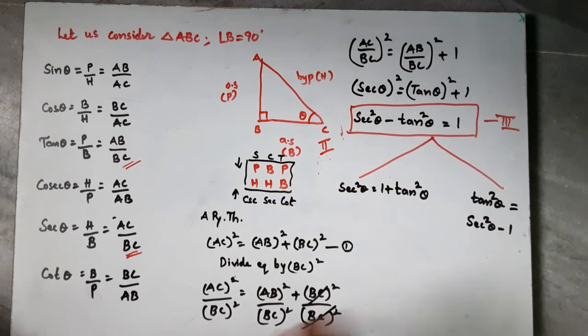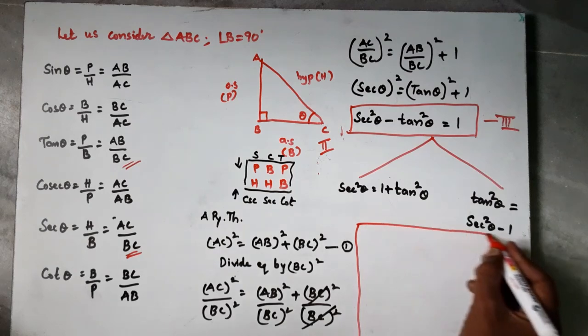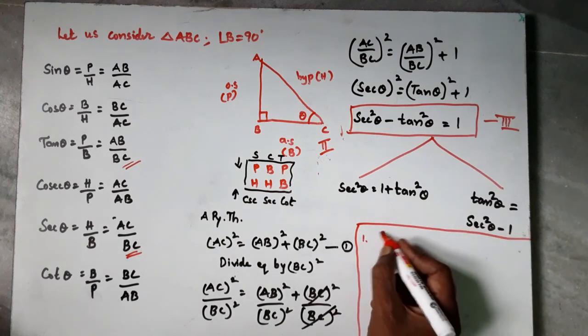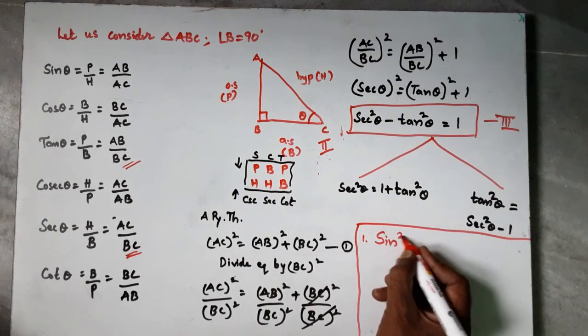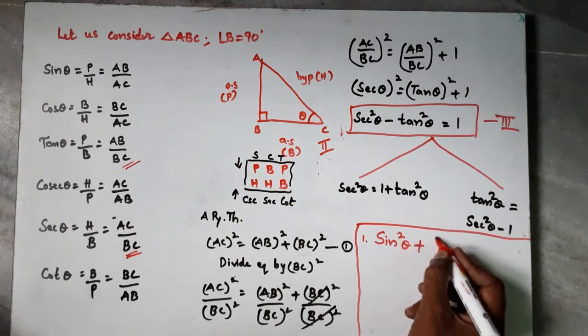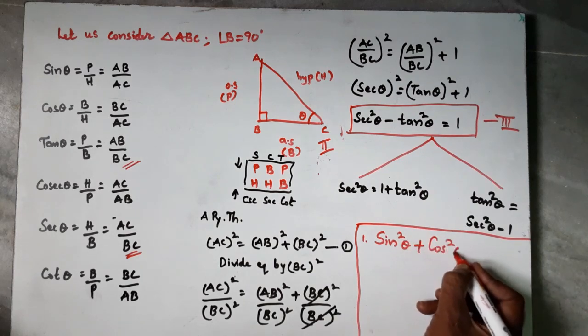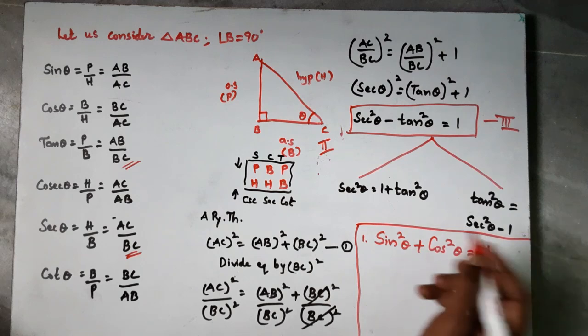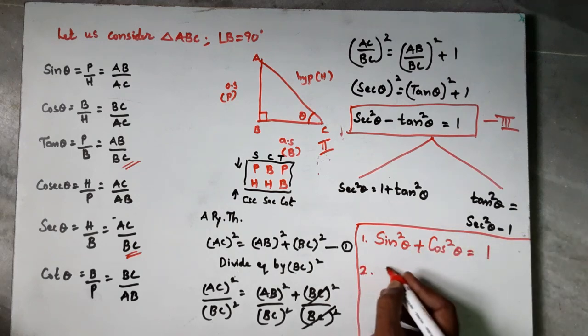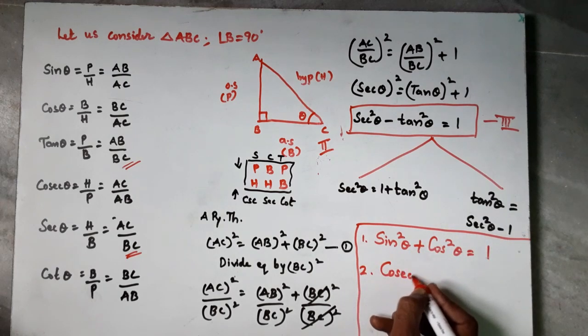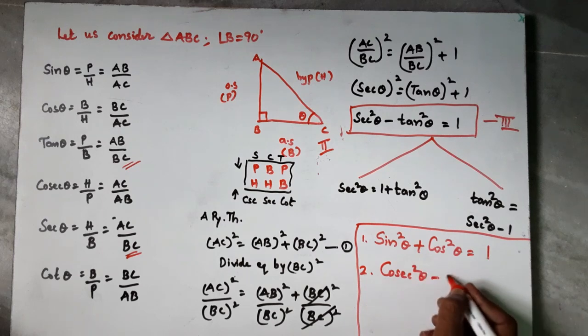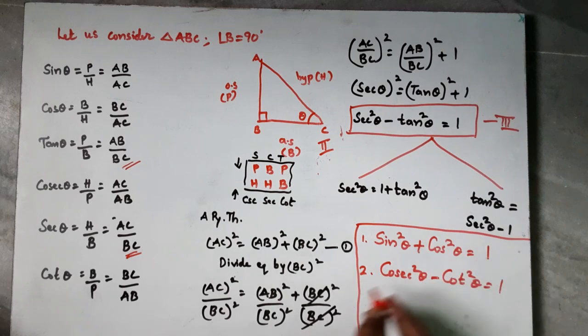So what are those 3 trigonometric identities? Let us see here. First one, sin square theta plus cos square theta is equal to 1. Second one is cosec square theta minus cot square theta is equal to 1.